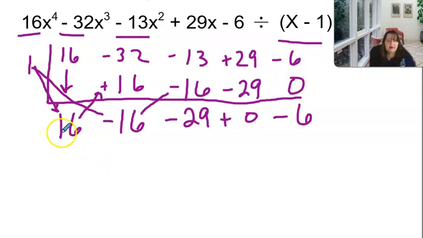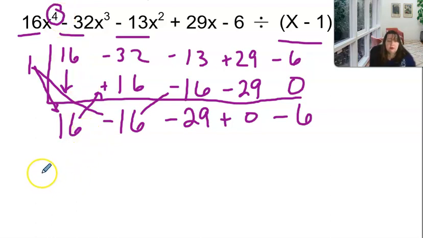So now that I have this 16, this negative 16, this negative 29, and this 0, and this negative 6, what do I do with them? So the first thing I want to do is take this 4, see what my highest degree is, and subtract 1. Well, 4 minus 1 is 3.